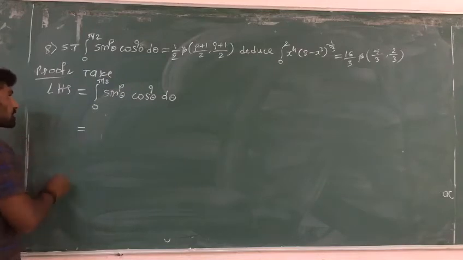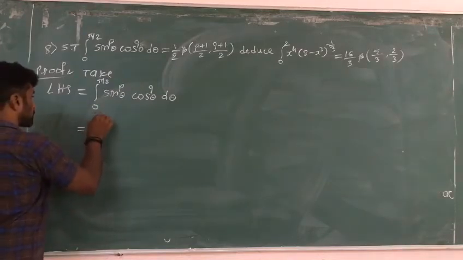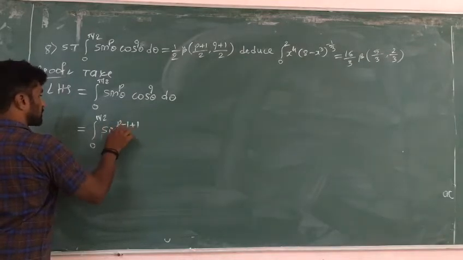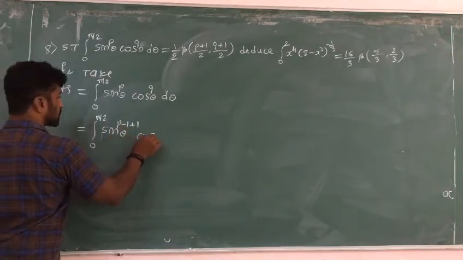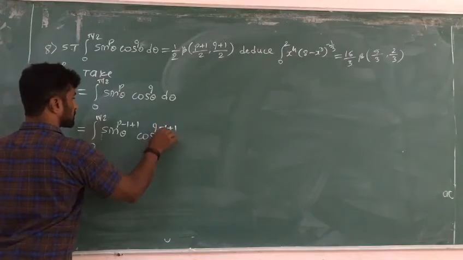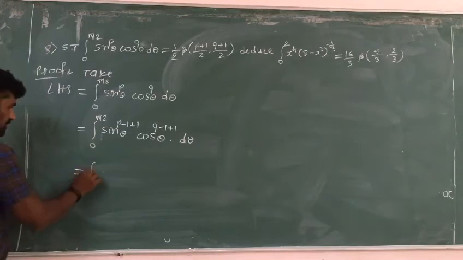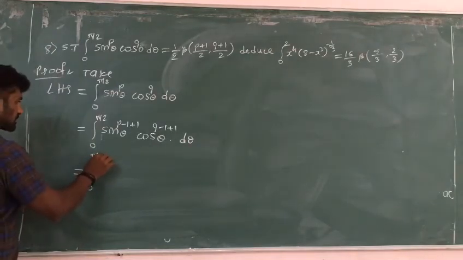Next step, important. The integral from 0 to pi by 2 of sin raised to (p minus 1 plus 1) theta into cos raised to (q minus 1 plus 1) theta into d theta. This much we have to do. Next, split the power.